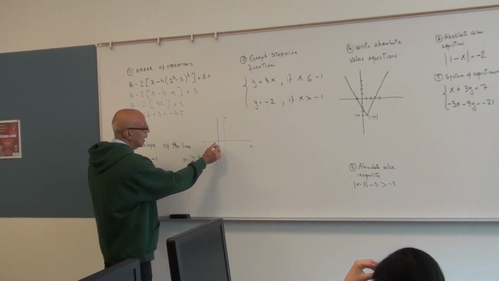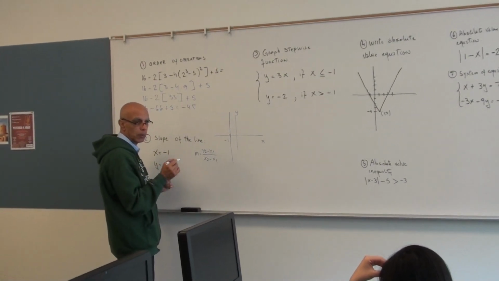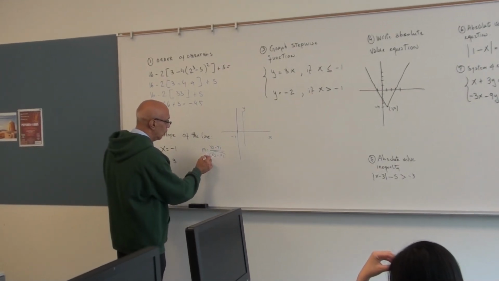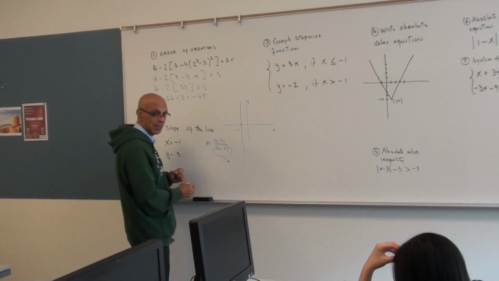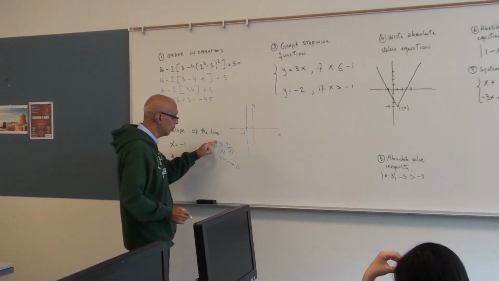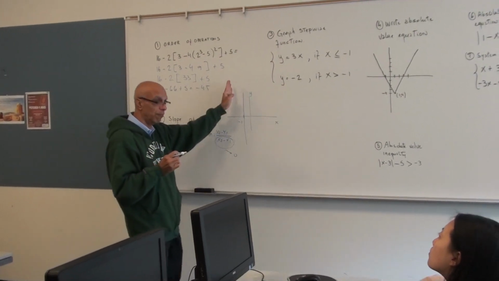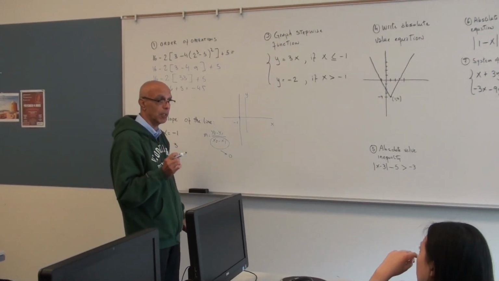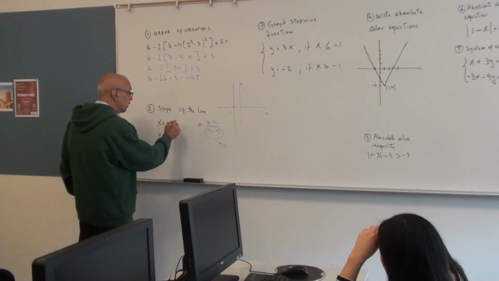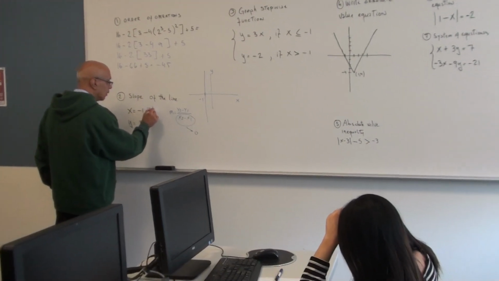But in this case, x is not changing, it's always the same. So the denominator here is going to be 0. A number divided by 0 is undefined. So the slope for a vertical line is undefined. So please write down undefined.